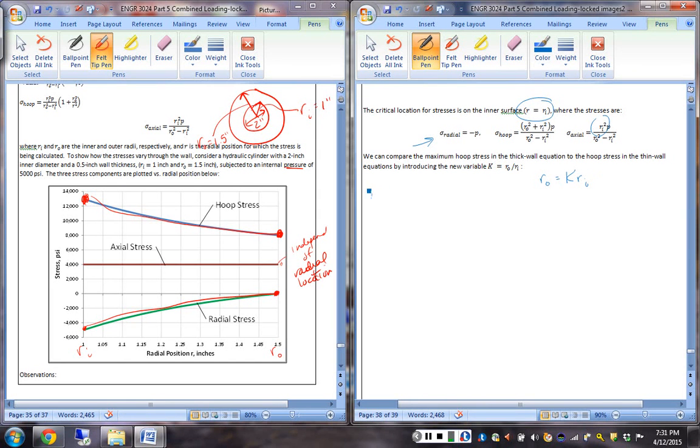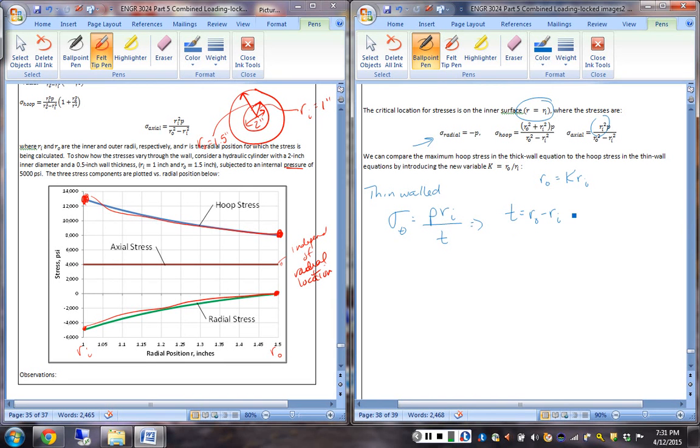So if we use our thin-walled equations, stress in the theta direction is P times the radius over the thickness. The thickness is the outer minus the inner.